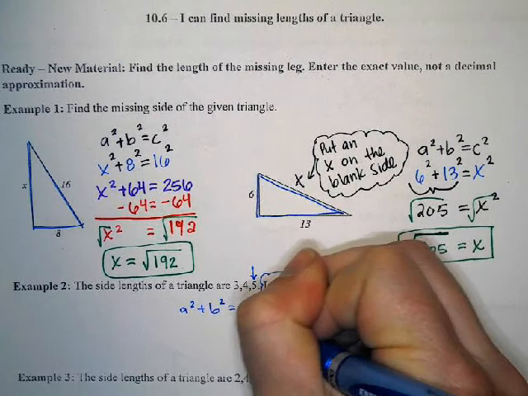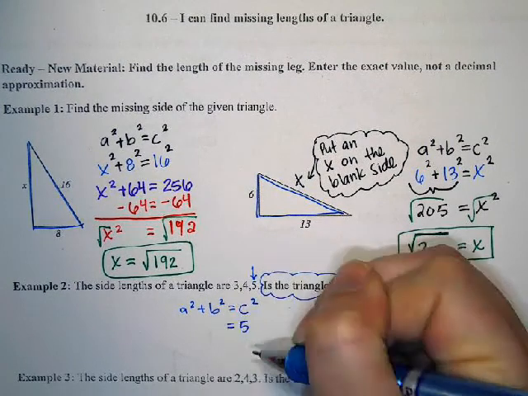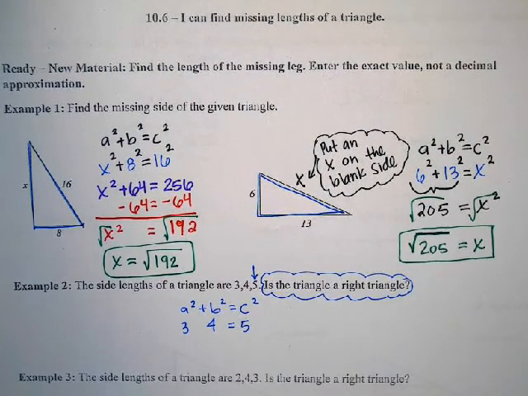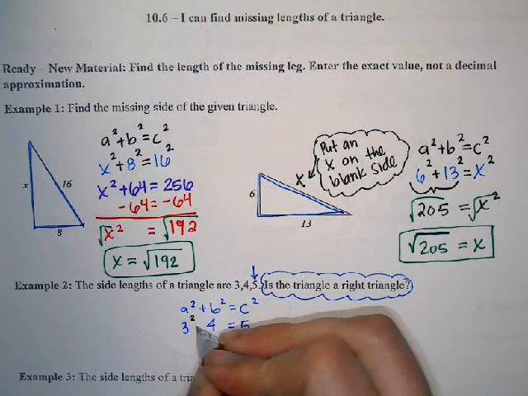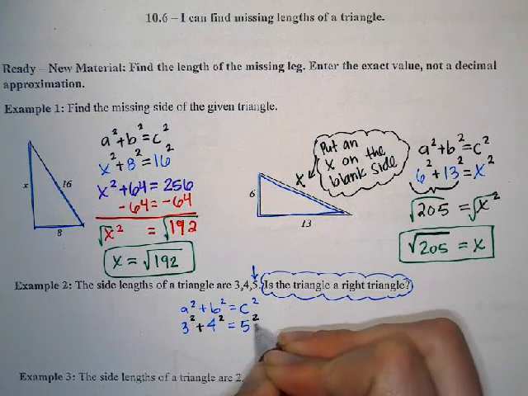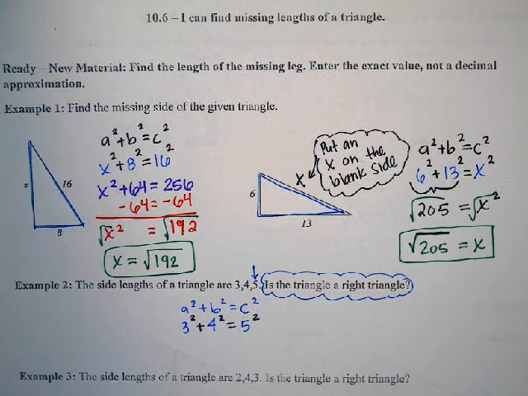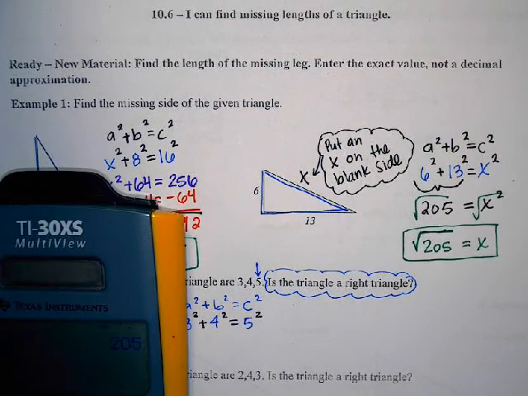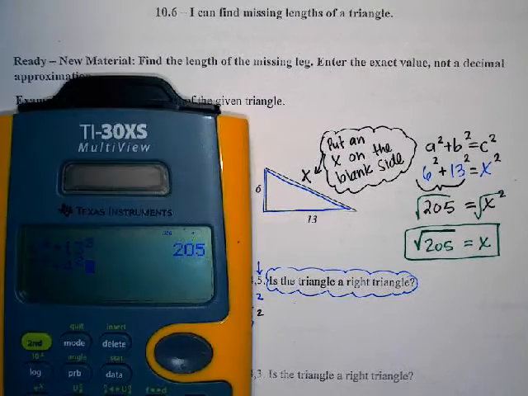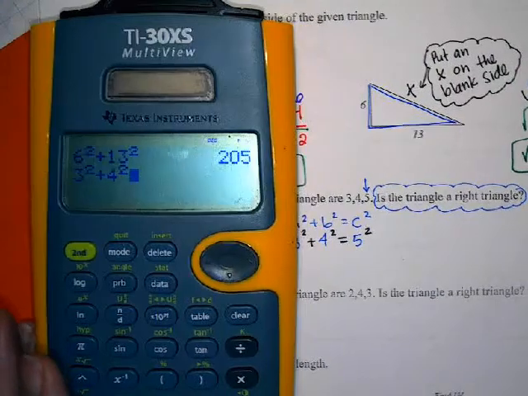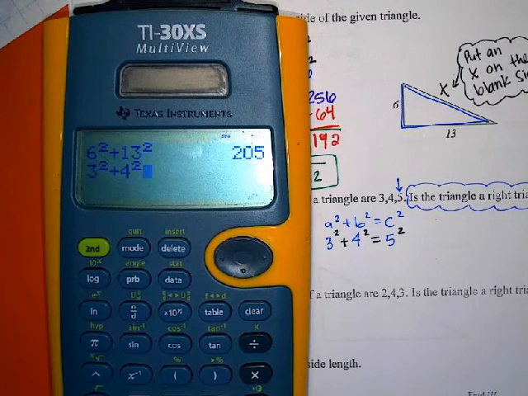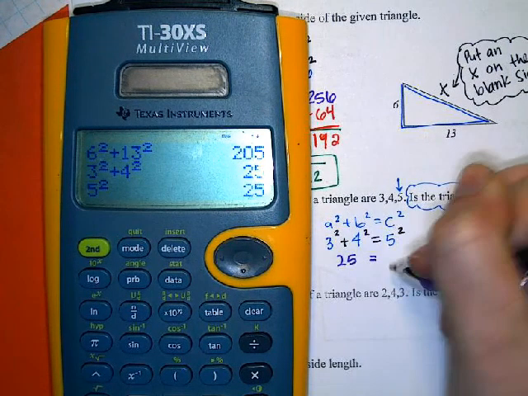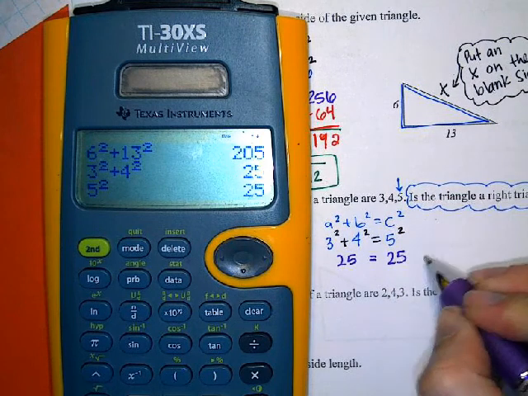So I'm going to have it by itself, and then I'm going to plug the 3 and the 4 in. 3 squared plus 4 squared is 25. 5 squared is also 25.